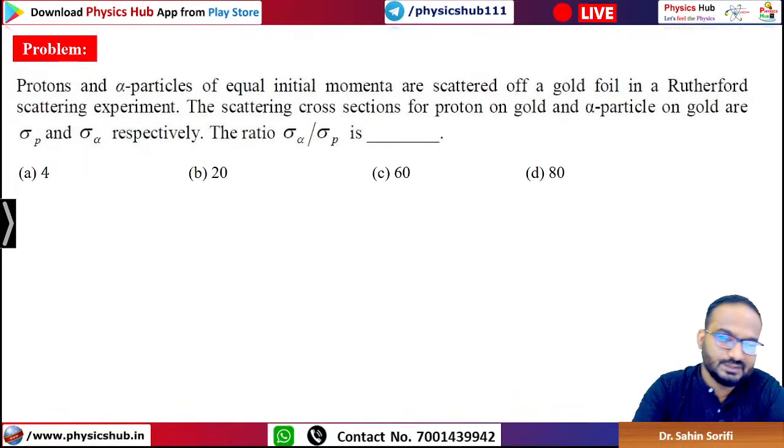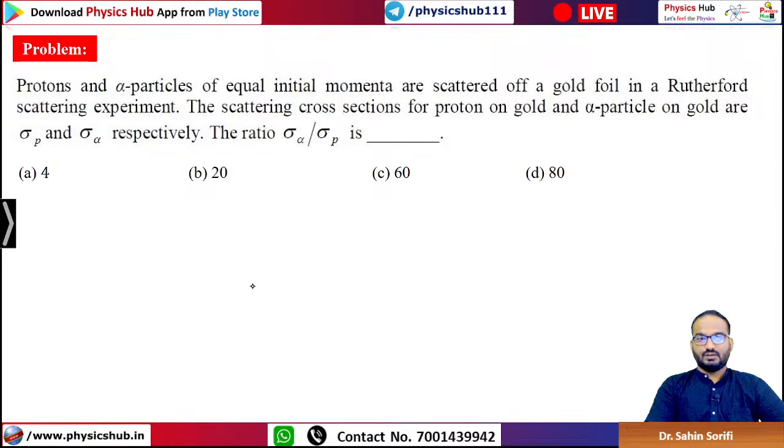So, an easy problem. Proton and alpha particles of equal initial momenta are scattered off a gold foil in a Rutherford scattering experiment. The scattering cross sections for proton on gold and alpha particle on gold are sigma p and sigma alpha respectively.